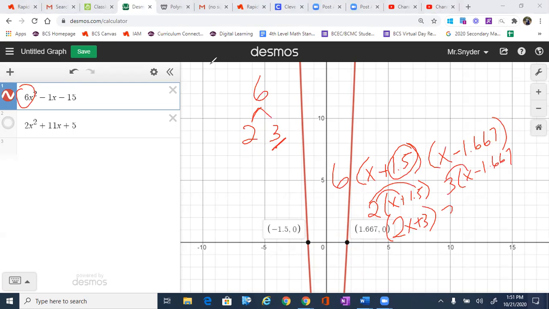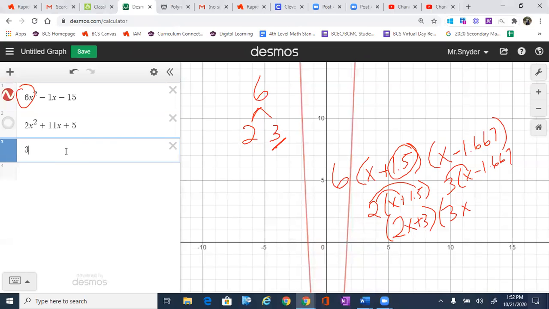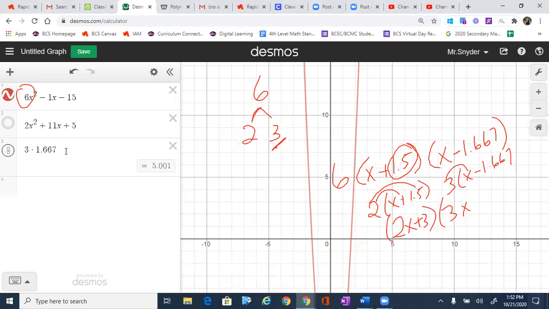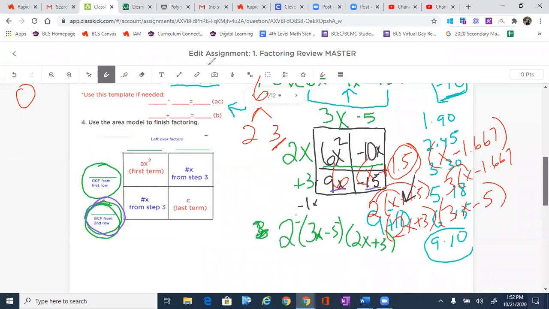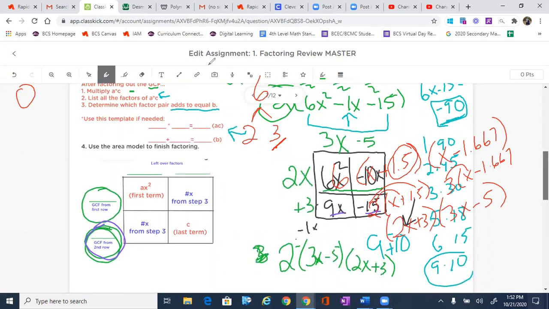So that's 3x. And then if you're not sure if it works, I'm going to take 3 times 1.667. And guess what? It gives me that 5 that I had. So it's going to be minus 5. And check it out. It aligns with our original answer right here, which is 3x minus 5, 2x plus 3.